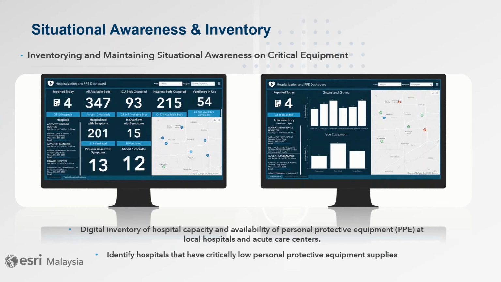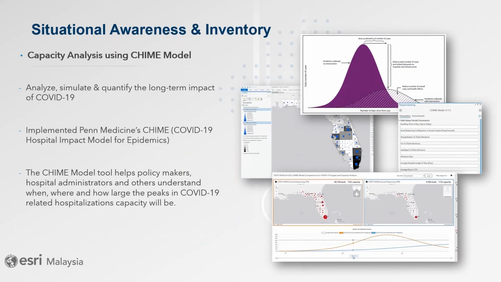Okay, the next one is how GIS can be integrated with a statistical model for capacity analysis that might have a high impact for health administration. This one is called the CHIME model.